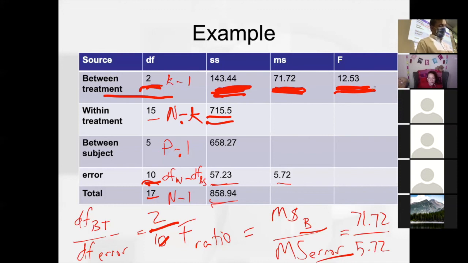And so with an F value of 12.53, do we reject the null or fail to reject? Yes, rejecting it, exactly, because it is bigger. And now you could even look at the boldface one, which will definitely be a higher value, but we'll still probably reject the null for 0.01. So you would say p is less than 0.01 rather than just p is less than 0.05.